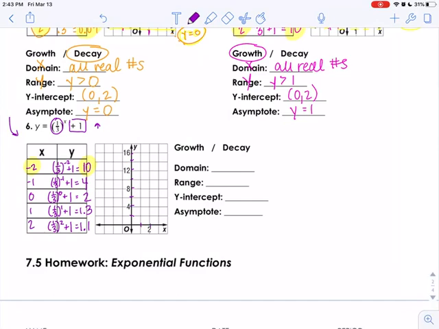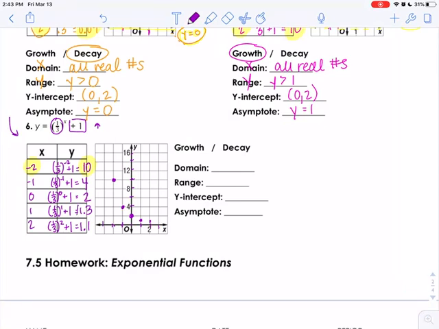On my x-axis I'm counting 1, 2, 3, -1, 2, 3. So I'm at -2, 10, which would be here. -1, 4, 0, 2, 1, 1.3, so 1 is here, halfway, and then 2, 1.1.